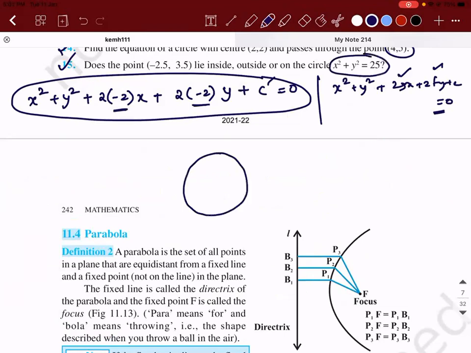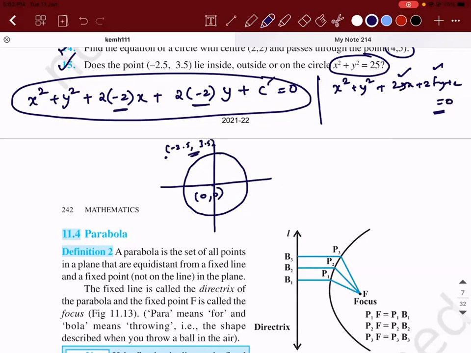Looking at the equation, what is the center of the circle? The center of the circle is 0, 0. So what is the point given to us? It is somewhere in the second quadrant.